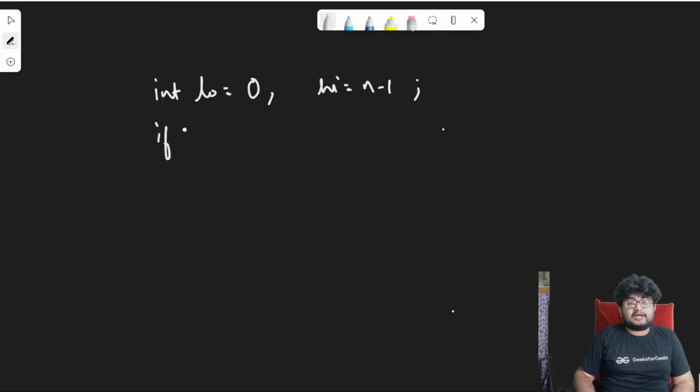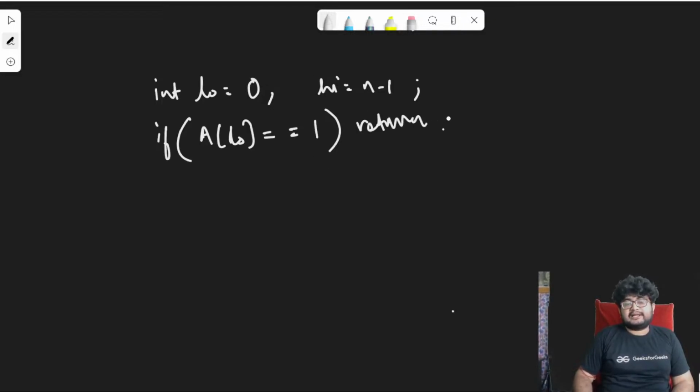Now if it's not the case, if a of low equals 0, then we probably, I'm not sure, sorry, a of low should be 0 only. If a of low equals 1, I'm not sure what we should return, but I believe 0 is the transition point. I'm not sure what can be the case here.